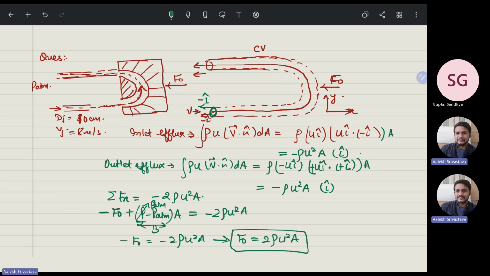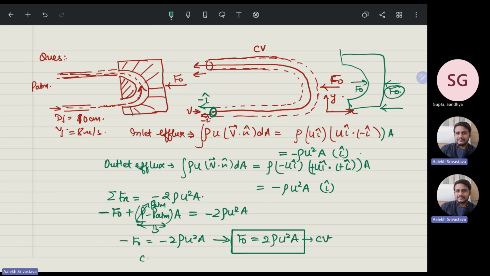Now this is the force that is acting on the control volume. If you write for whatever the part, this same force will be applied on this part F0, and to hold this you need to apply this force. So this is the force that is applied, and in the leftward direction you need to apply. So this is the force on the control volume.